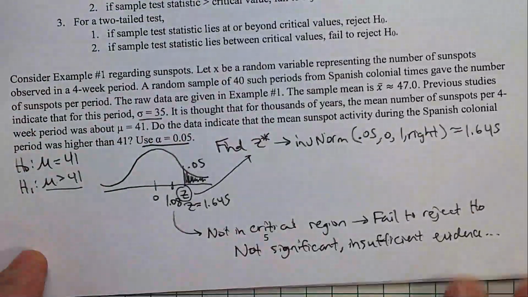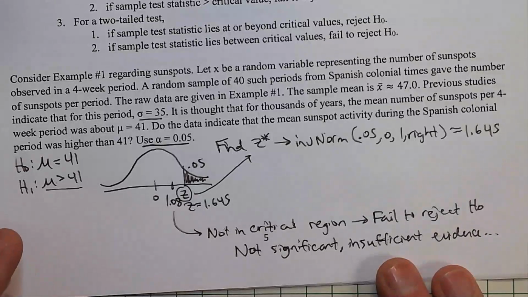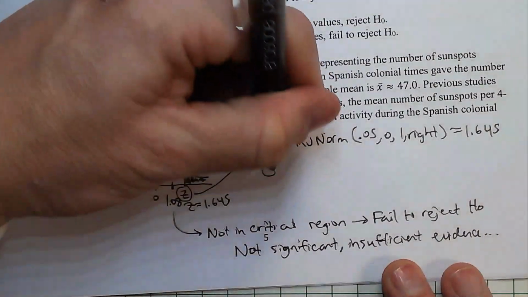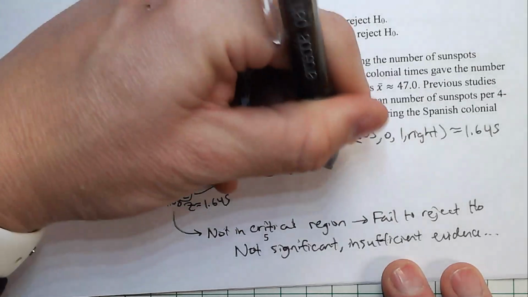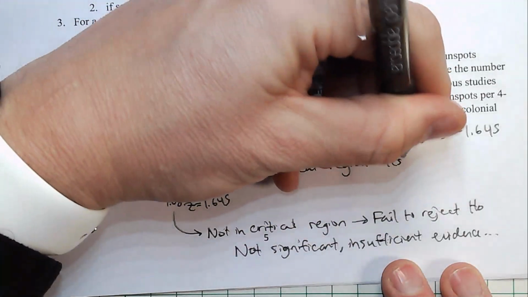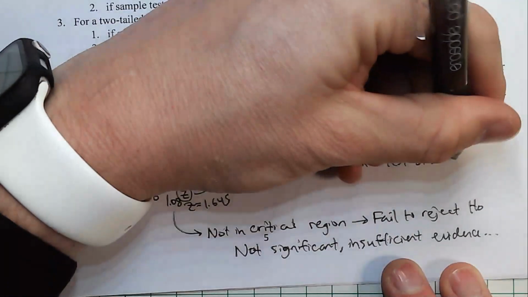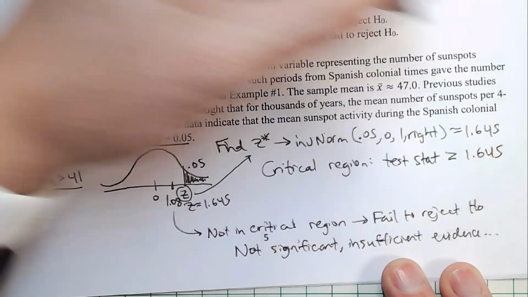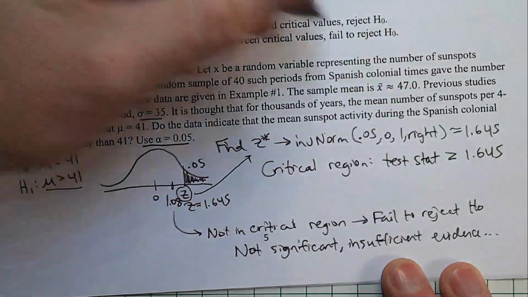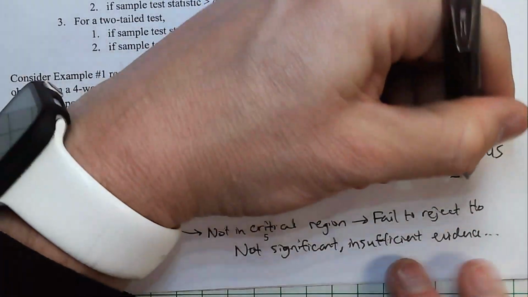On your homework, you'll have to establish what the critical region is. If I'm establishing what the critical region is, the critical region would be a test statistic that is greater than or equal to 1.645 and less than or equal to, there's no bottom area, so you'd put none.